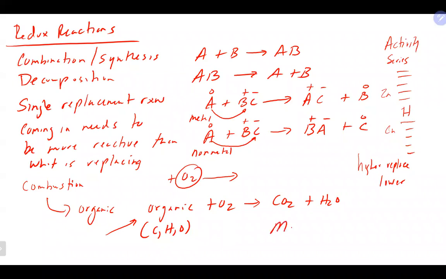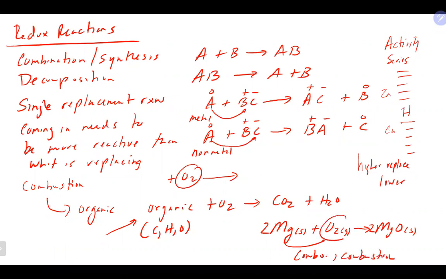If you had something like this here, this is a combination. That's two things that make one, right? So you could call that a combo reaction. This is also a combustion reaction because technically speaking, it has oxygen.